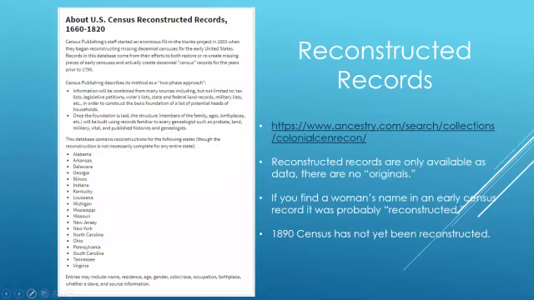So earlier I mentioned reconstructed records. The 1890 census has not yet been reconstructed, but they're currently working on the 1800 and 1810 federal censuses because they didn't record the names of the people that actually lived there. They only recorded the head of household's name.